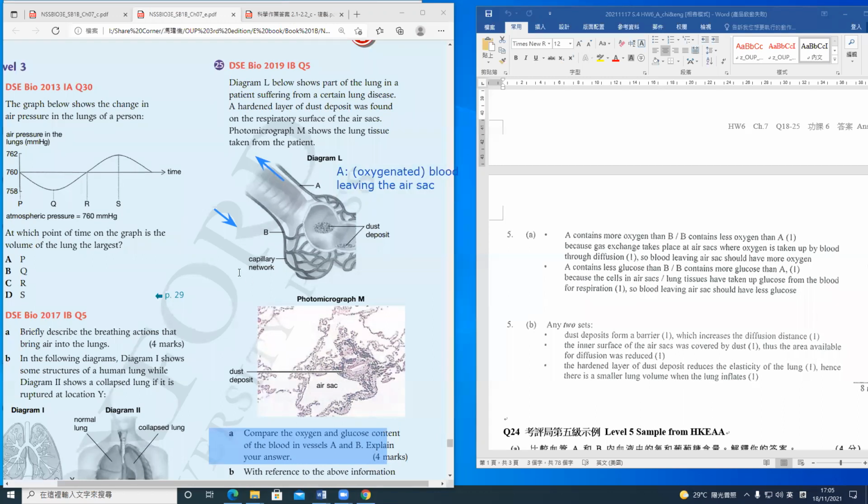On the other hand, B is the deoxygenated blood entering the air sac.